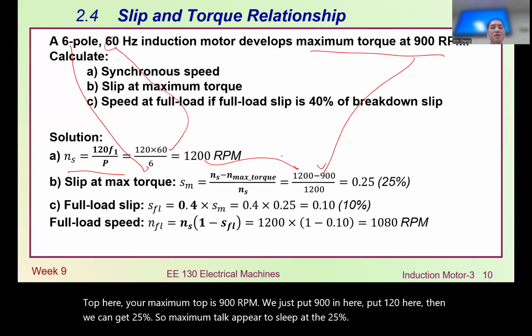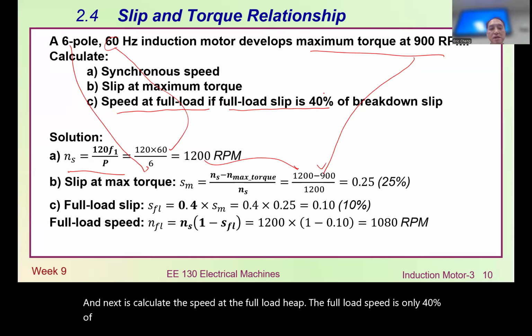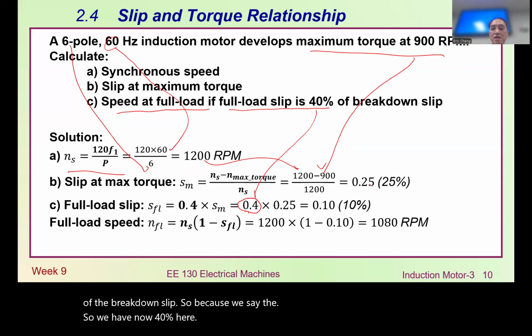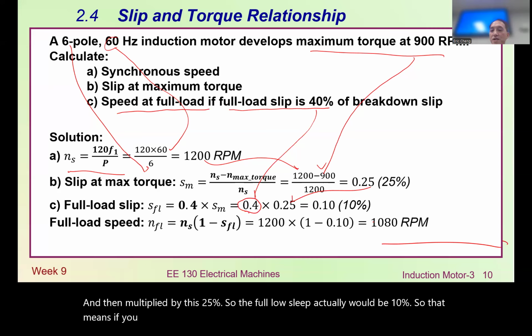Next, calculate the slip at full load if the full load slip is only 40% of the breakdown slip. So we have 40% here, multiplied by this 25%, so the full load slip will be 10%. If you look at the operation here, you have a curve.